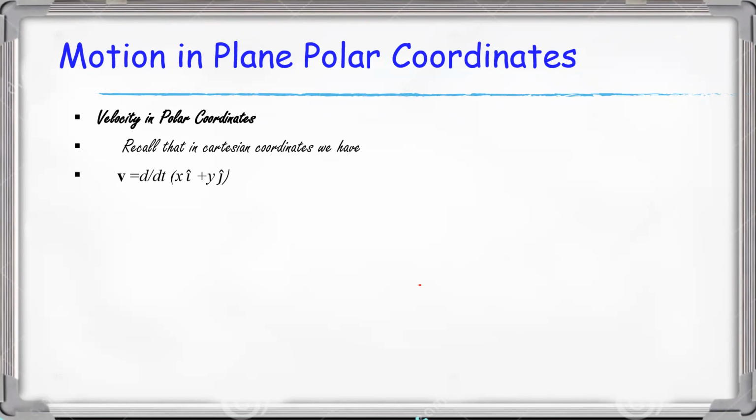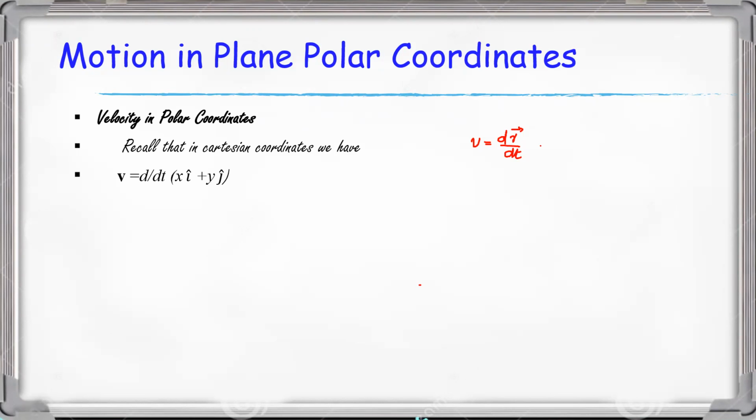How is it obtained? We know that in Cartesian coordinate system, v is equal to dr divided by dt.